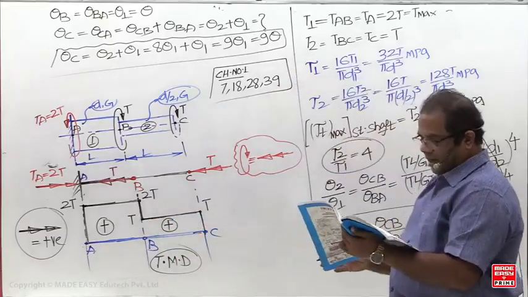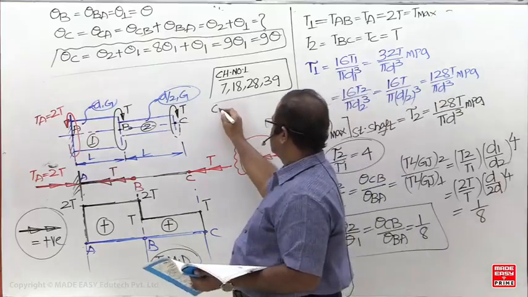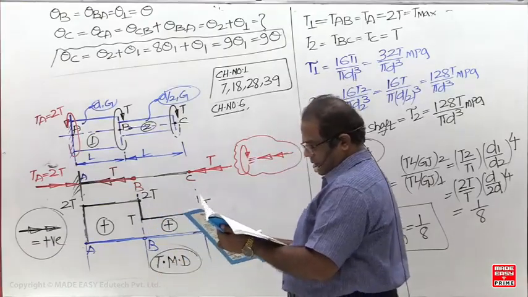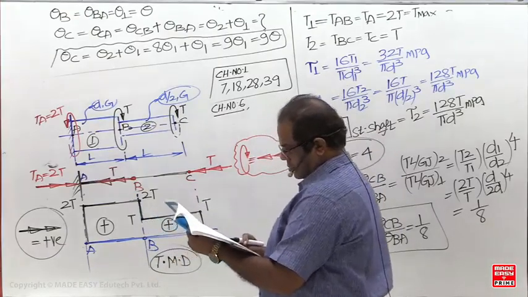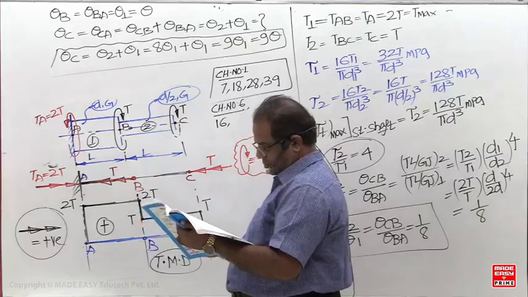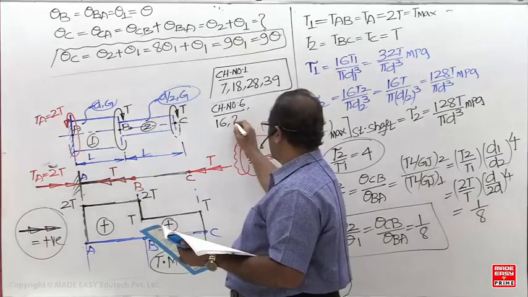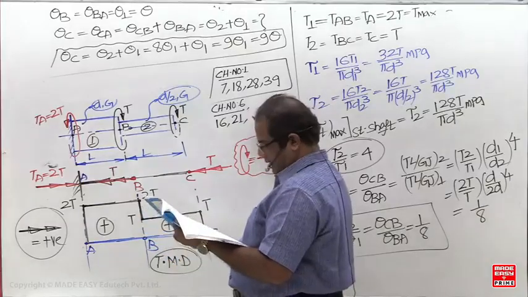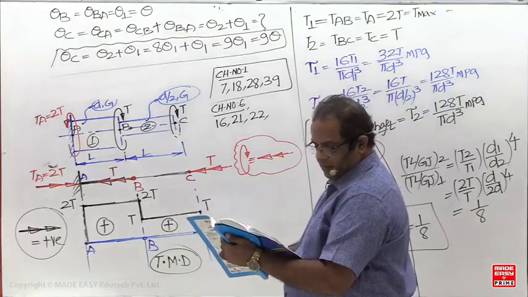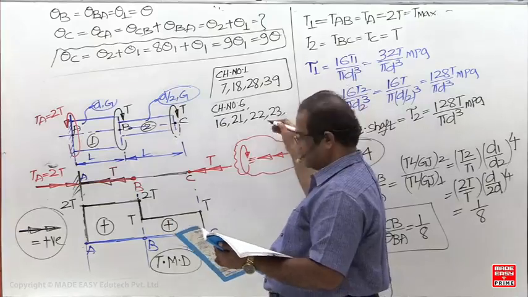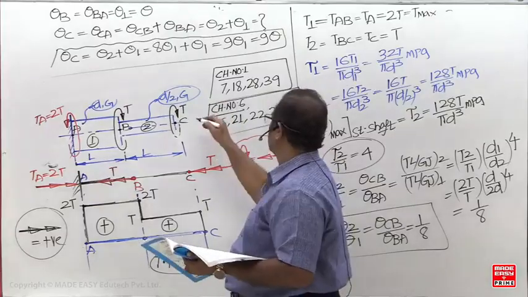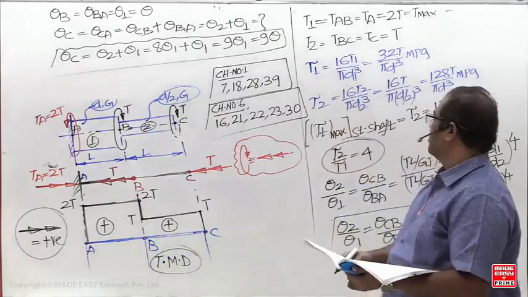Chapter number 6: question number 16. Yesterday, those who have not done the 21 question, you can try it, and 22, 23 and 30. So these questions you can complete now.